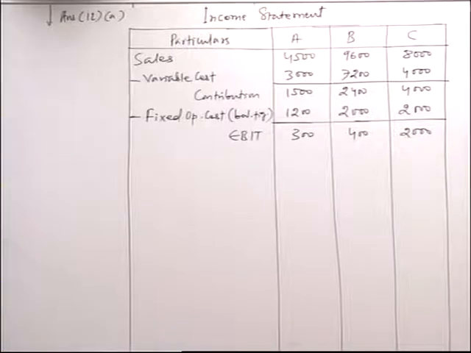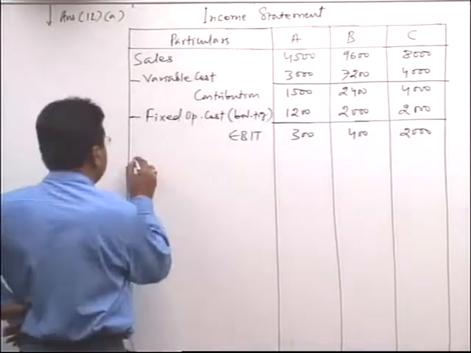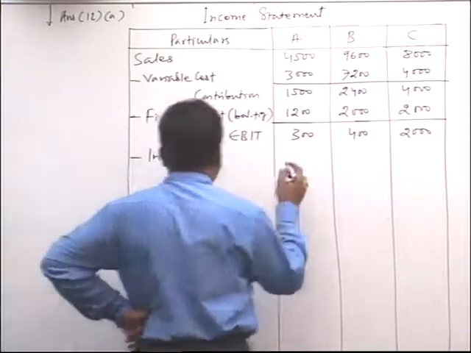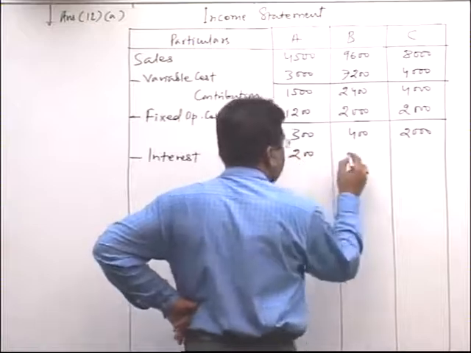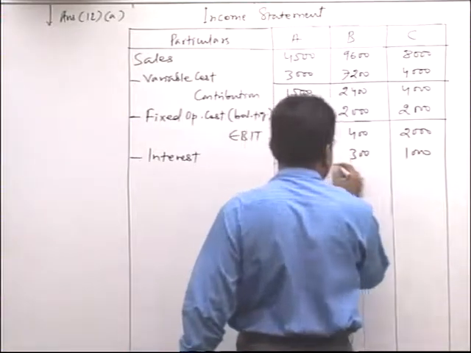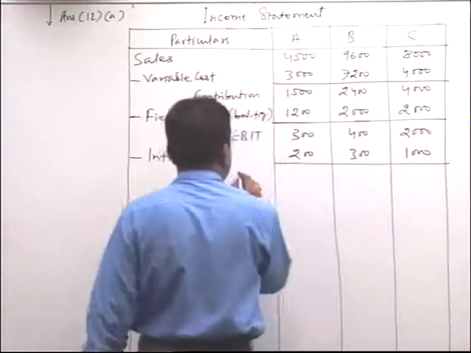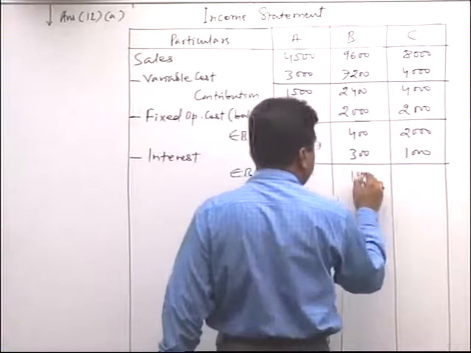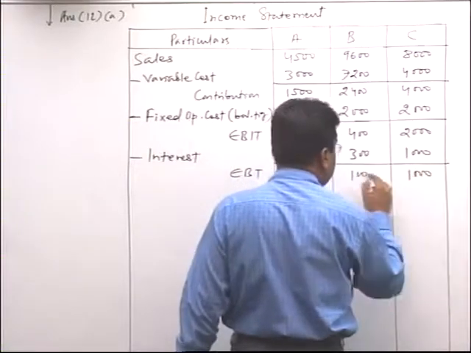Now from EBIT deduct I, or interest. So minus interest. Interest is 200, 300 and 1,000. So the EBT, earning before tax, comes to 100, 100 and 1,000.